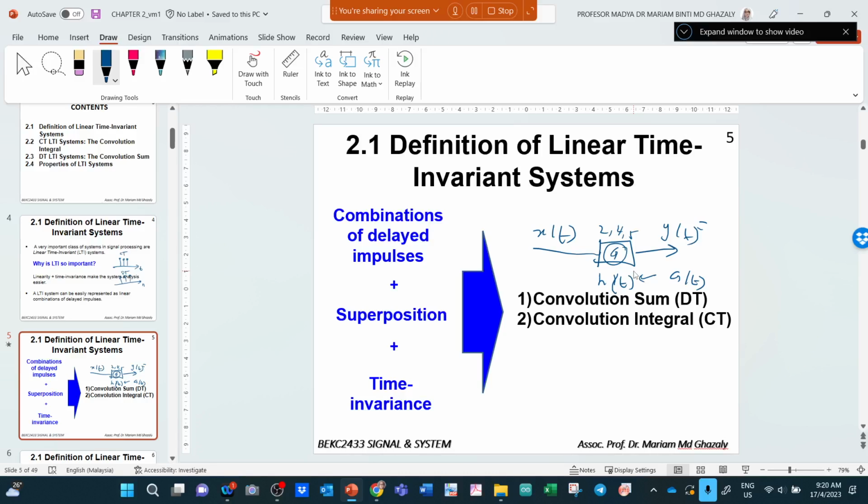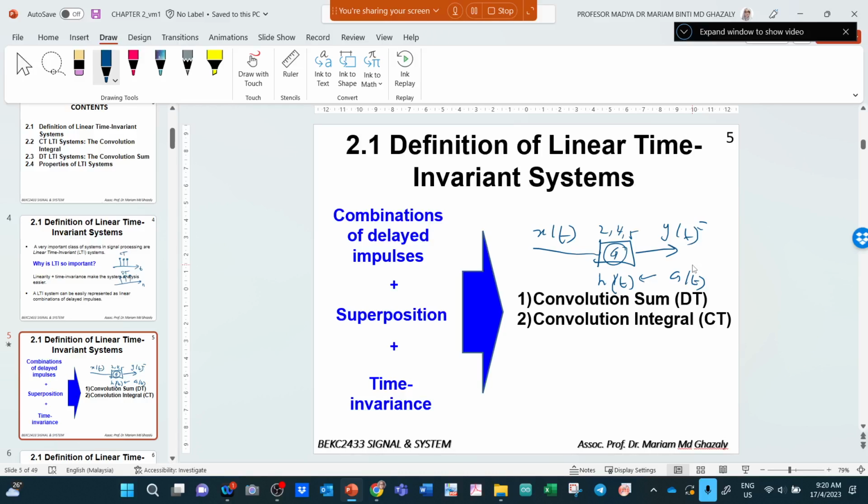So if your input is a signal, for example a sine wave, and the output is a continuous square wave signal, then you need to do a convolution. Sometimes in the midterm or final exam, it doesn't mention it.